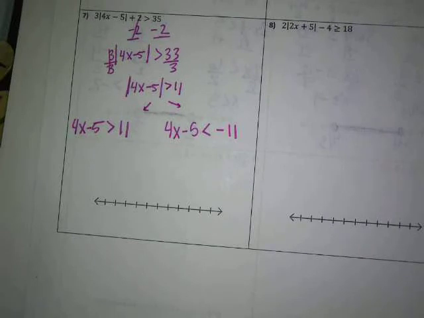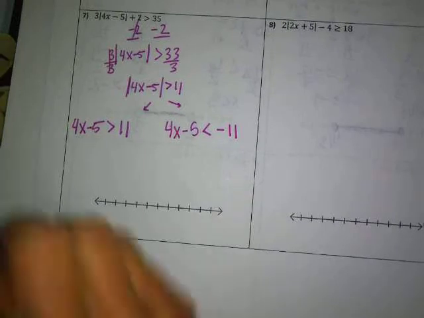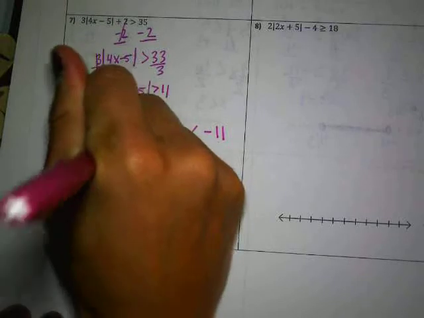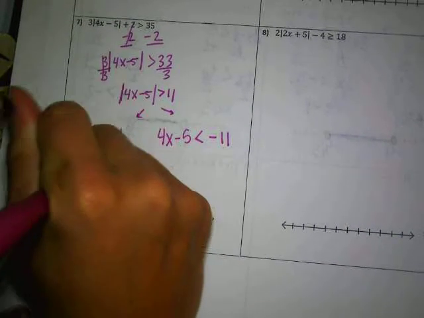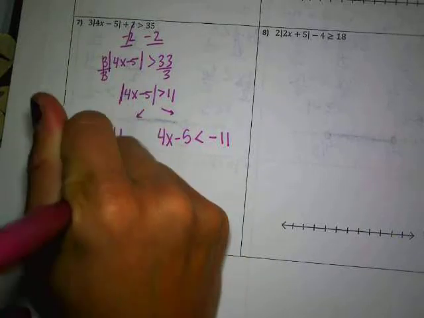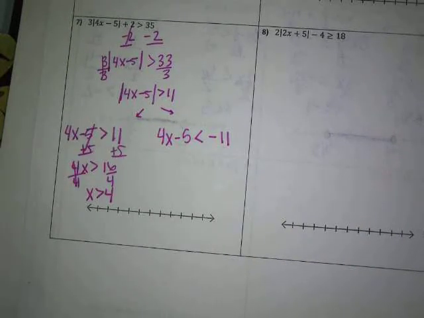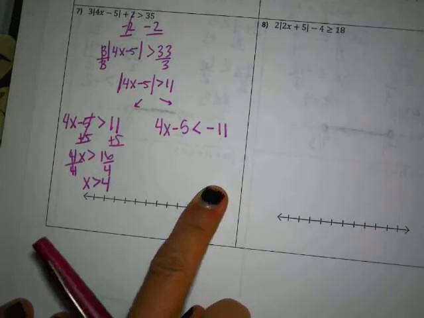Okay, so to help me solve the left side, Evelyn, what's the first step? Add 5, very good. And Evelyn, tell me the second step as well. Very good, and then divide by 4. All right, Josh. Next one, what's the first step?